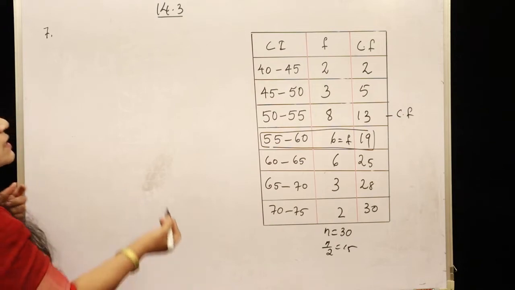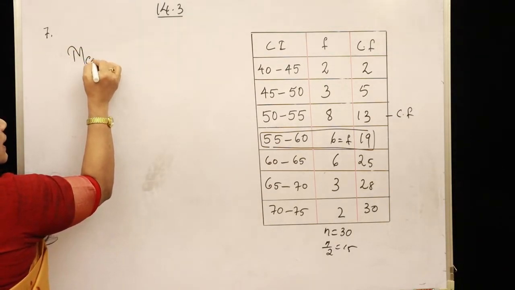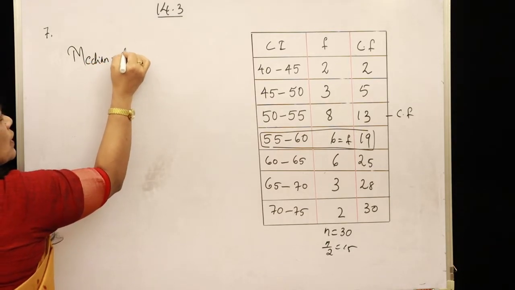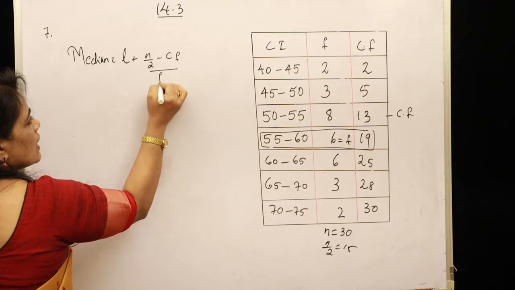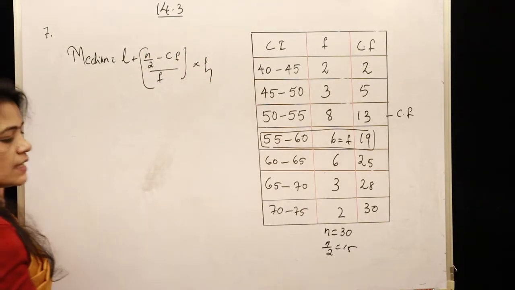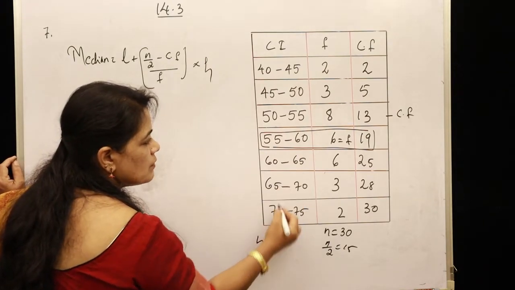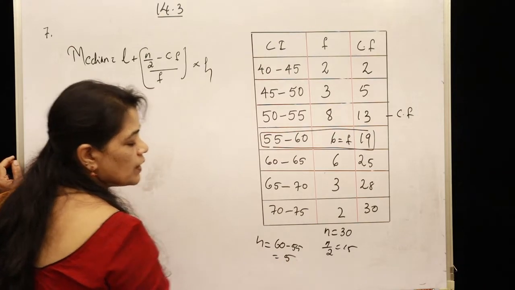Okay, and we can substitute these values in the formula. Median is equal to L plus (n by 2 minus CF) divided by f, into h. Here h is nothing but upper limit minus lower limit, 60 minus 55, and that is 5.